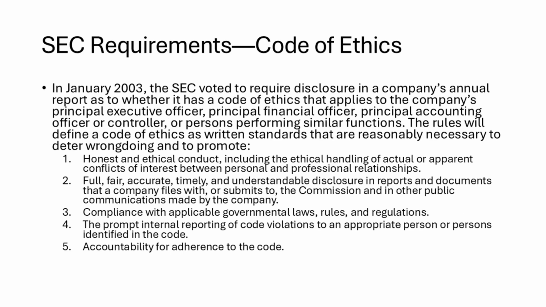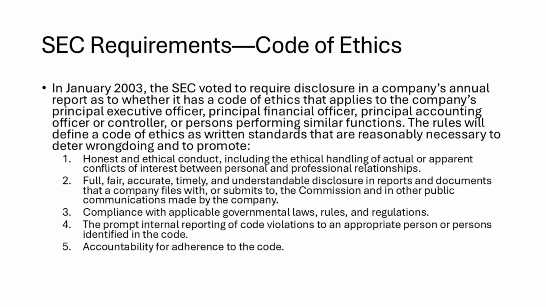In January 2003, the SEC voted to require disclosure in a company's annual report as to whether it has a code of ethics that applies to the company's principal executive officer, principal financial officer, principal accounting officer or controller, or persons performing similar functions. The rules will define a code of ethics as written standards that are reasonably necessary to deter wrongdoing and to promote: 1.